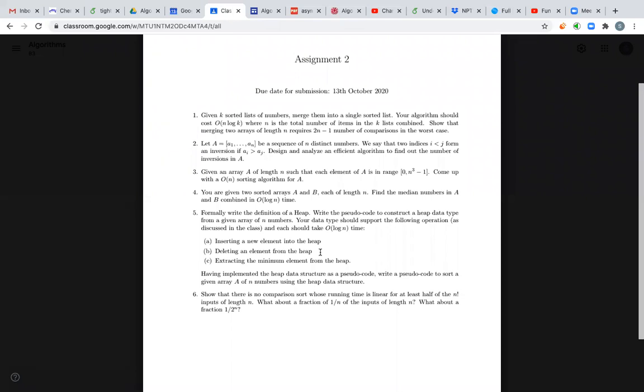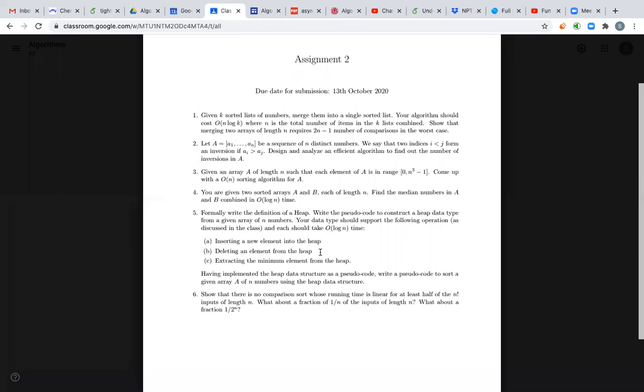Sir, the algorithms we have known so far, the worst case is always order of n log n, and the runtime is order of n for counting sort, maybe bucket sort, per suitably chosen k.